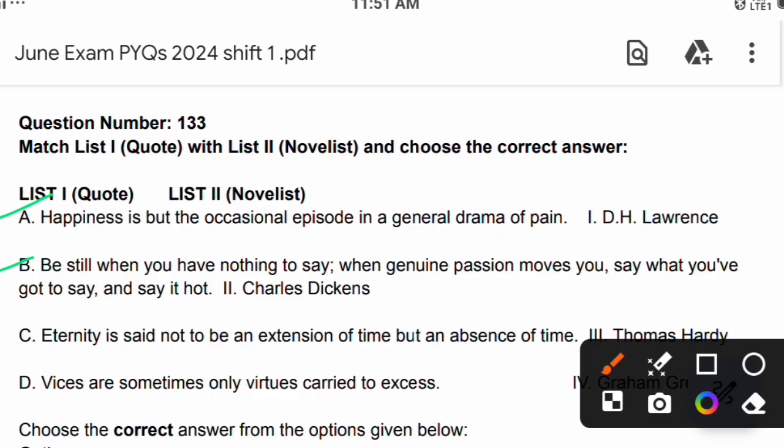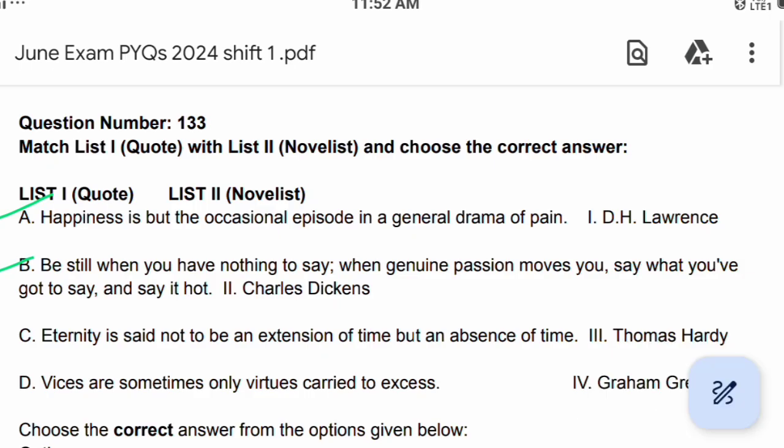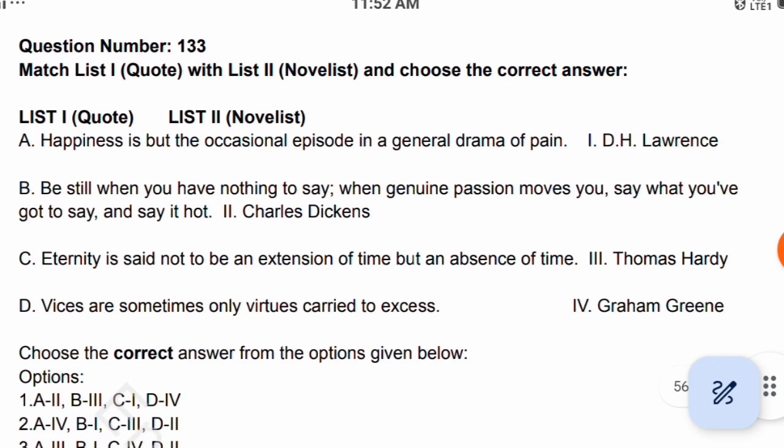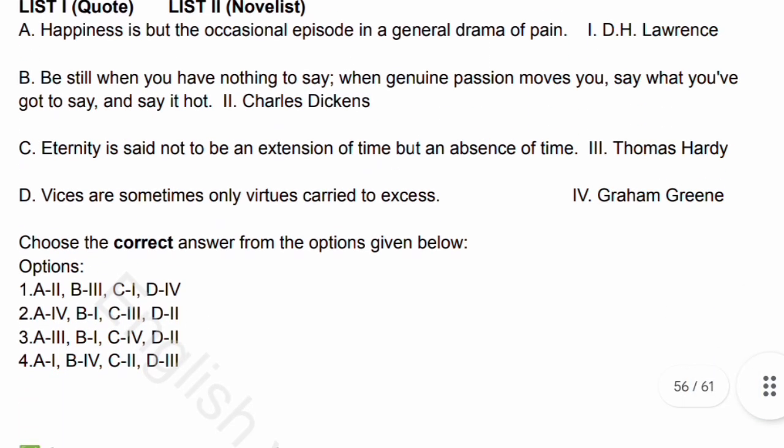C: Eternity is said not to be an extension of time but an absence of time, and vices are sometimes only virtues carried to excess. So what could be the correct answer? You have a quote in list 1 and in list 2 there is a novelist. You have to match the novelist who has given the quote accordingly. See the options here.